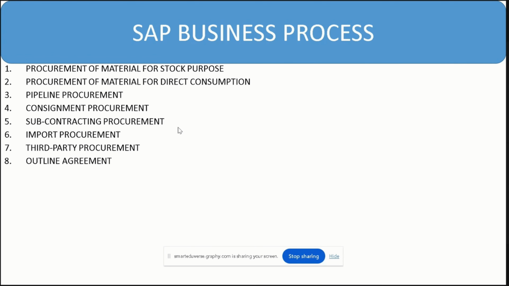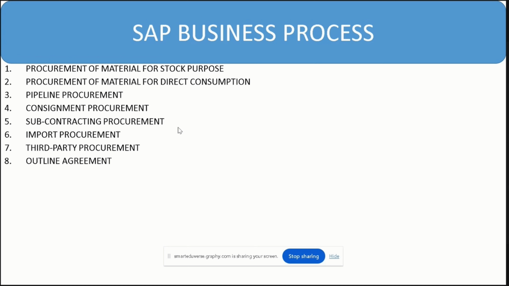The second process is when you know when you require the material. In that case you don't have to create a purchase order regularly. What you can do is create an agreement and send the delivery dates to the supplier, saying that on this date I will require this kind of material, so please supply that.